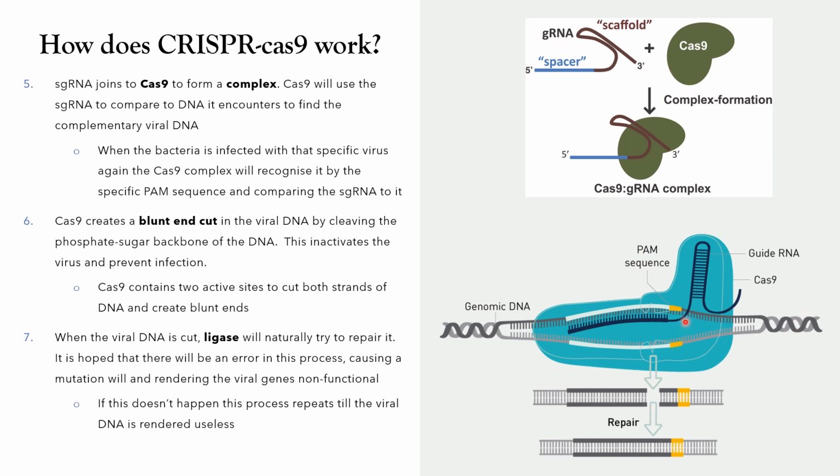It will look for the PAM sequence, it will compare the guide RNA, it will make that blunt end cut once it realizes it's found that viral DNA, and ligase will try to repair it. We hope that a mistake is made while ligase is repairing it. And if a mistake is made, then the viral DNA is useless, it is non-functional, and therefore the bacteria has successfully defended itself against a virus.